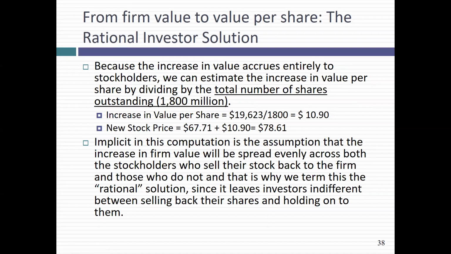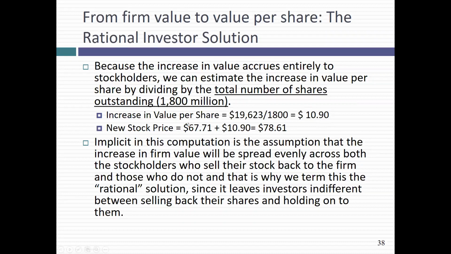Then we're going to take that total value and divide it by the total number of shares, which was 1.8 billion. Since these are already in millions here, that's another way of saying 1,800 million. So 19,623 divided by 1,800 gives us an increase in value per share of $10.90.